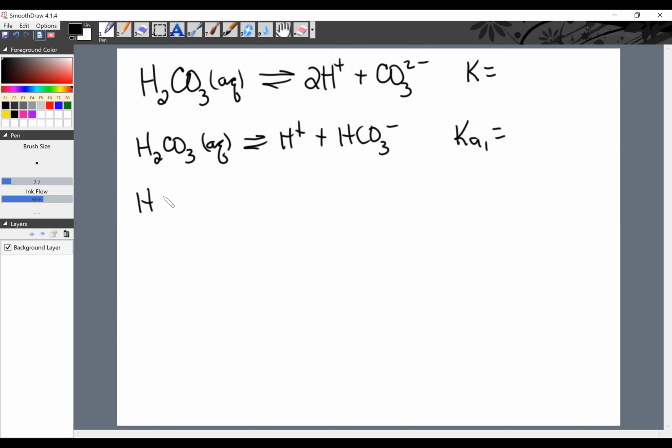And then HCO3, the bicarbonate, losing a proton would be called Ka2. And those numbers are, let's see, carbonic acid, 4.3 times 10 to the minus 7th.